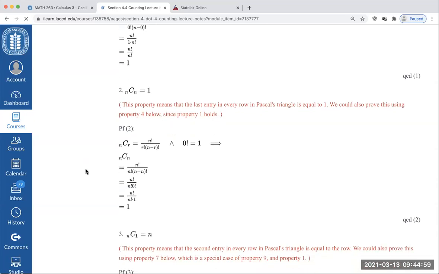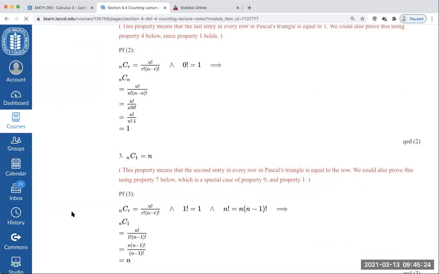So let's replace r here by n. So this is n factorial over n factorial times n minus n factorial. Well, n minus n is 0. 0 factorial is 1. The n factorials cancel. And so this is equal to 1.